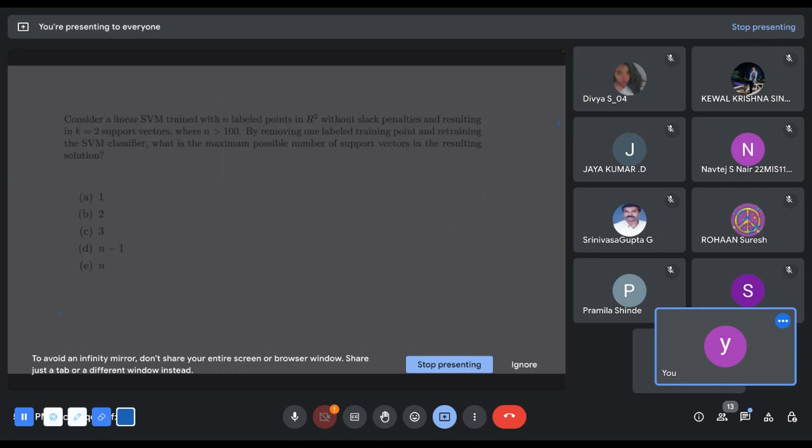Yeah. So you are given an SVM without any penalties. Assume for simplicity that the data is separable as well.